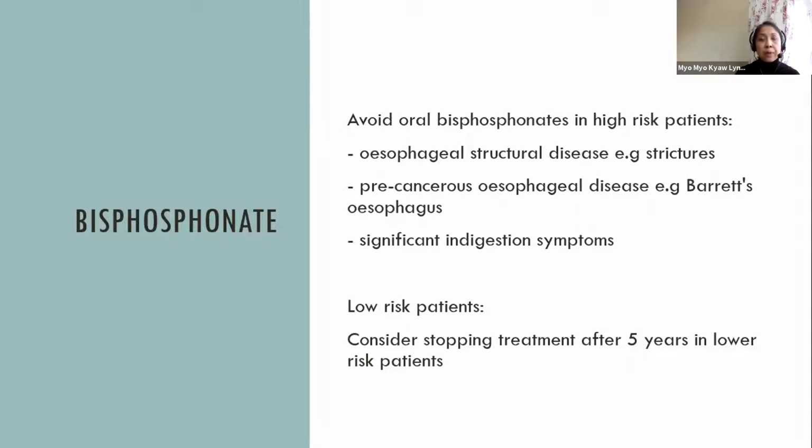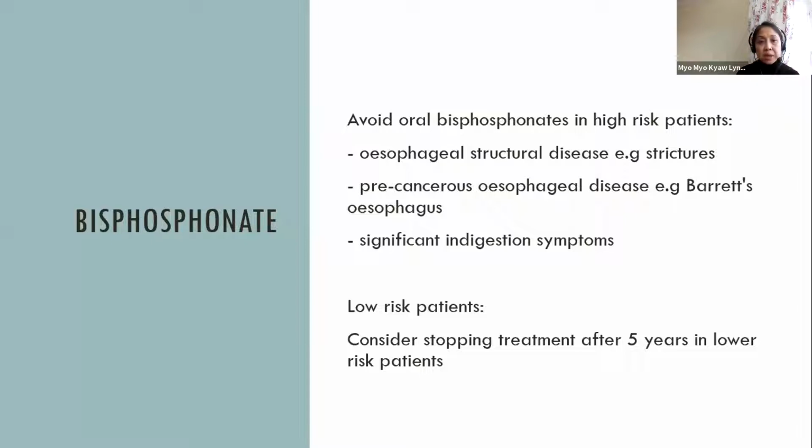So before we start the bisphosphonate, especially in elderly people, we have to carefully consider whether the patient is high risk or low risk. High risk patients include those with esophageal stricture and Barrett's esophagus with high grade dysplasia, or if the patient has an indigestion problem and you can't find out what the reason is.